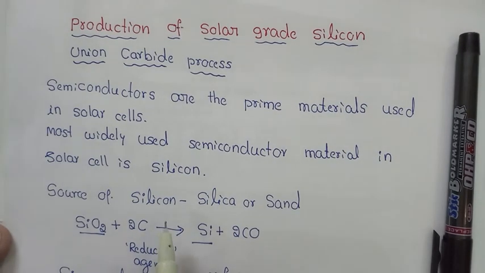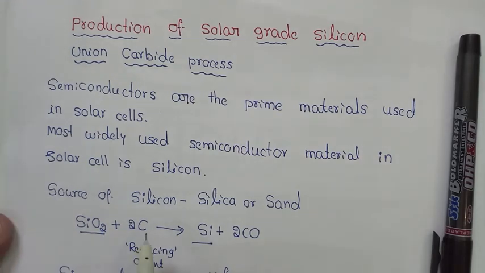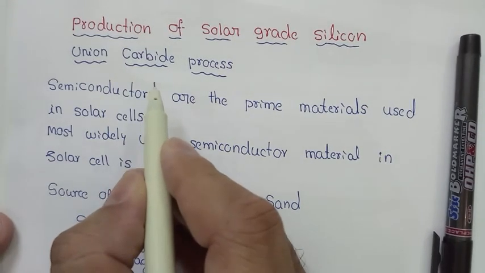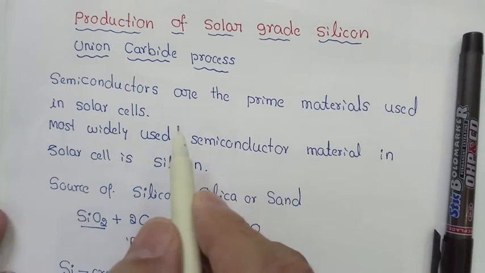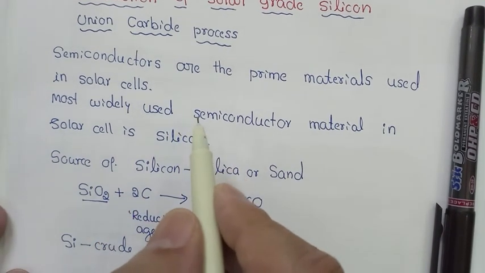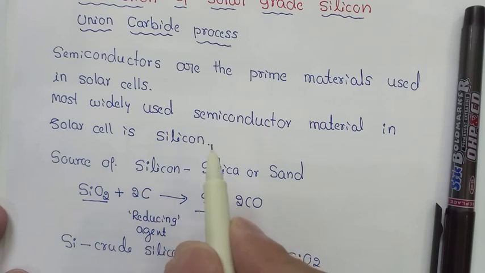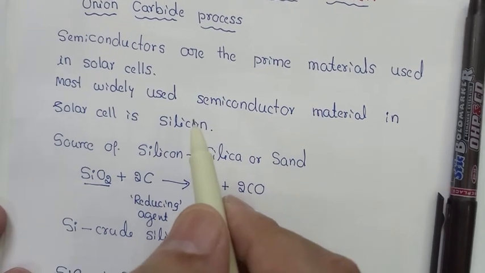Dear friends, let me recall quickly. We are discussing the production of solar grade silicon by the Union Carbide process. Silicon is the main material used as a semiconductor in solar cells.